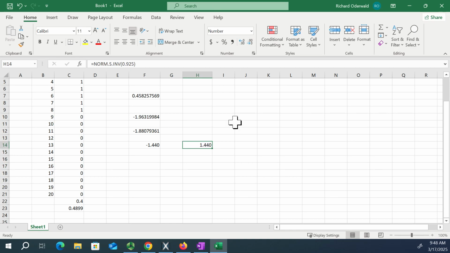So for the confidence interval for a proportion that is 85%, I multiply 1.44 times the standard error of the mean. That's my margin of error.